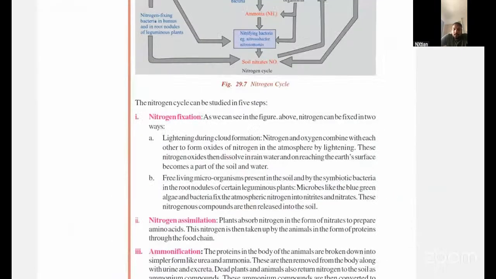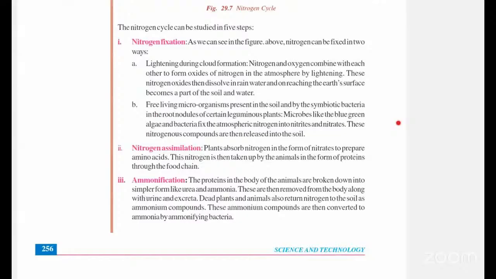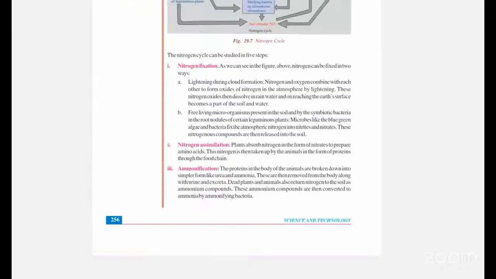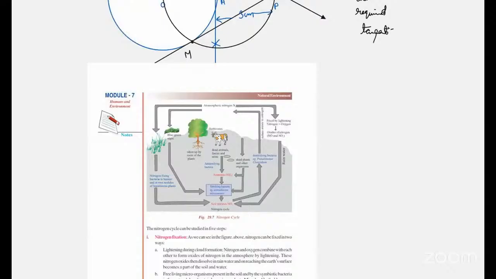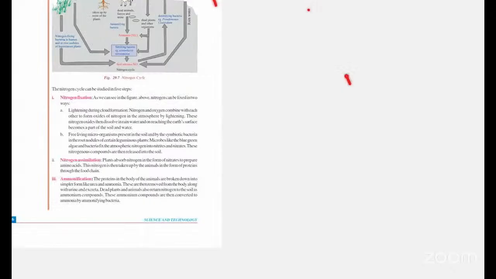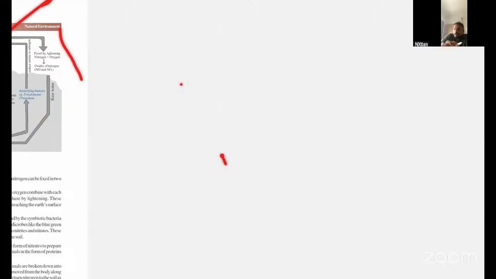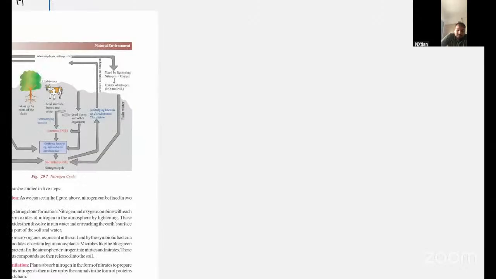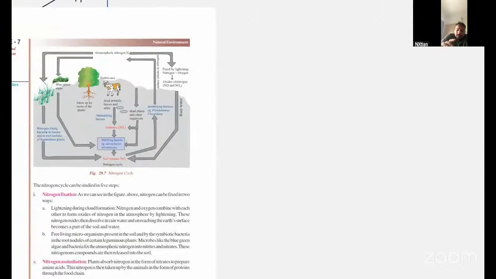Did you understand? Ammonifying bacteria converts the nitrogen compounds in feces or urea or urine or the dead animals into ammonia.